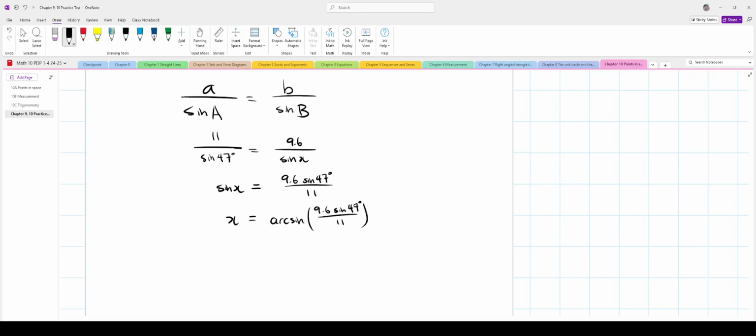And then I'll put that into the calculator. I'm going to make sure that my mode is in degrees mode because the question gives me the angle in degrees. So let's do arc sine of 9.6 sine of 47 divided by 11.